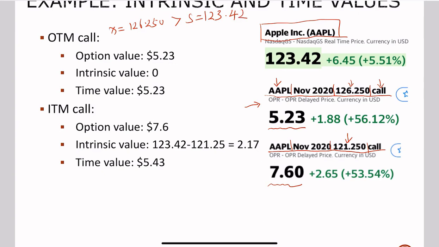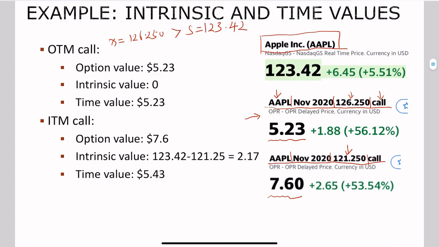So you can see that because the exercise price is larger than the market price, this is an out of the money call. And in this case, the option value is quite obvious. You could just read from this picture here. It's 5.23.